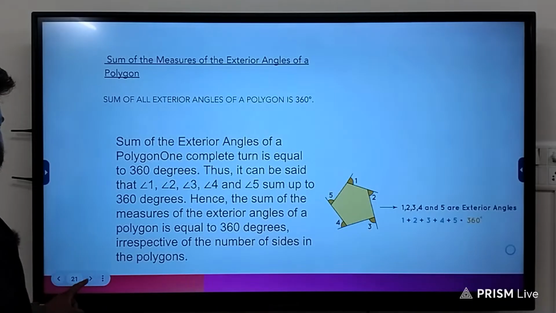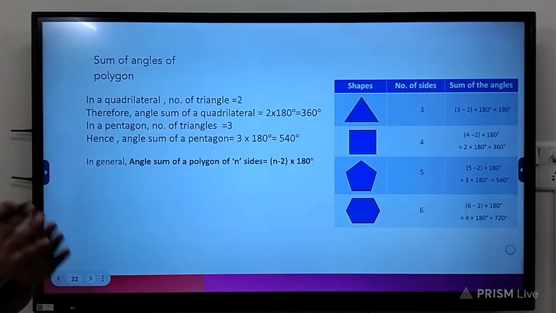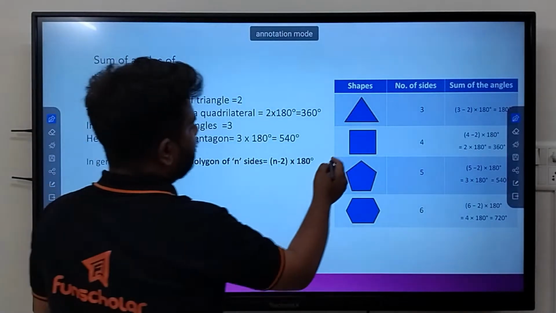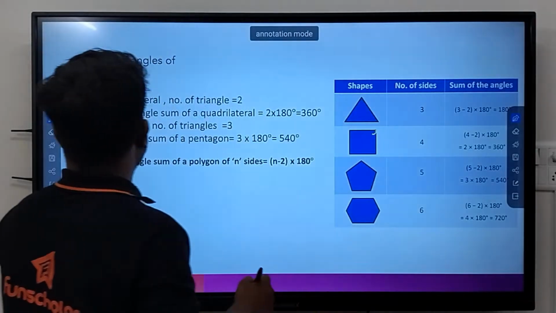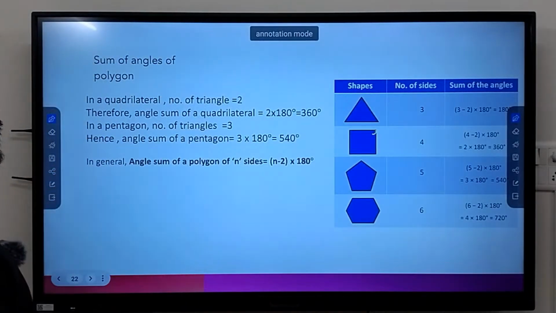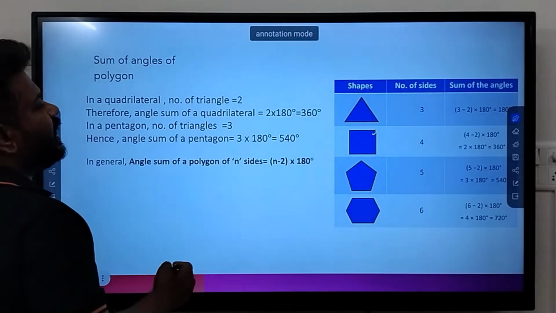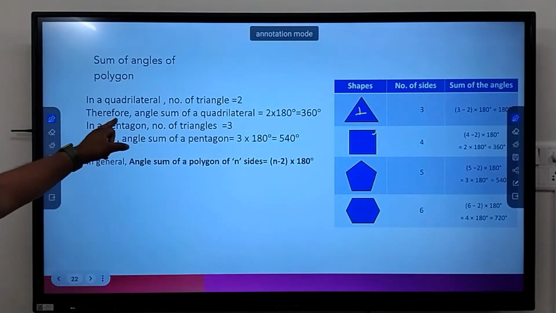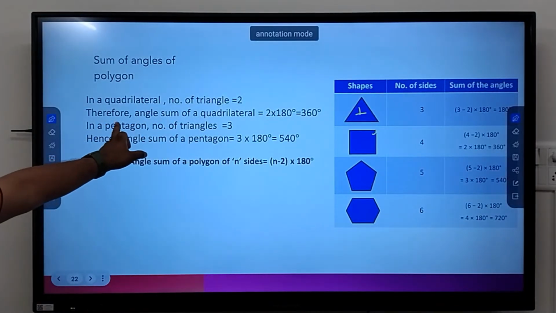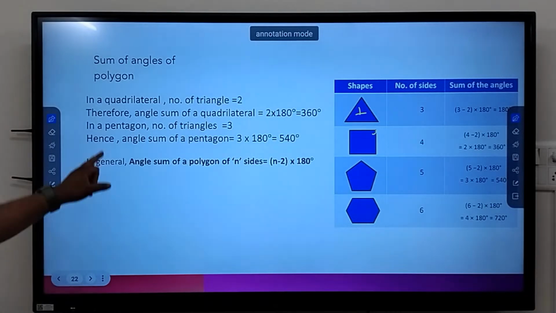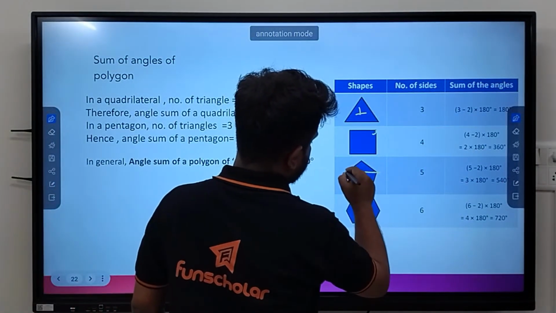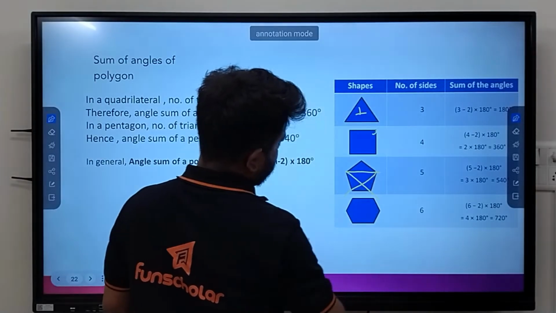I am discussing it. If I draw a diagonal in a quadrilateral, the diagonal will divide it into triangles. For a pentagon there are 3 triangles, like this, this and this.